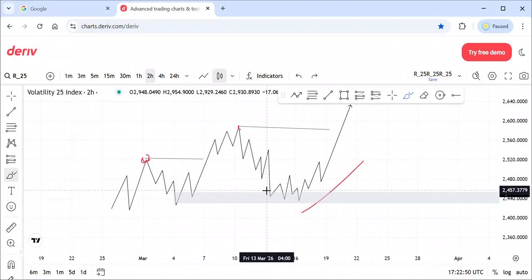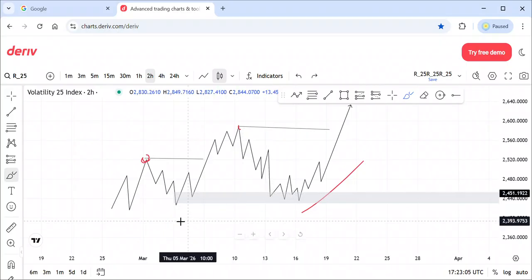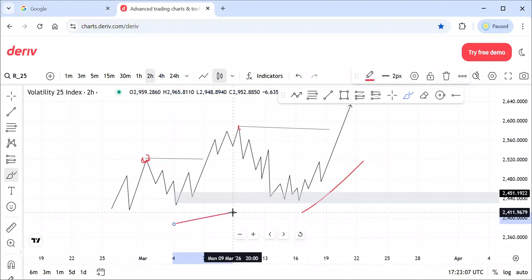Now how are you going to trade breaker block? Breaker block has a rule. These are the 3 rules I use for trading breaker blocks. First thing first, you know the directional bias, which we have seen: the market is buying here.